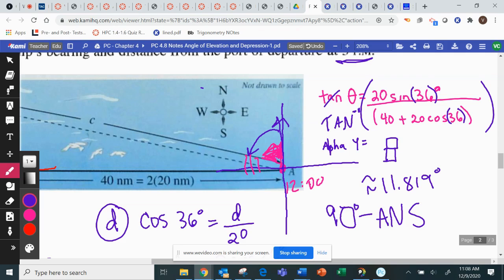So I got 11.819-ish, but I have to do 90 minus that... no, I don't. Yes, I do. I have to do 90 minus that because I want to find the part on the top, which is 78.181.